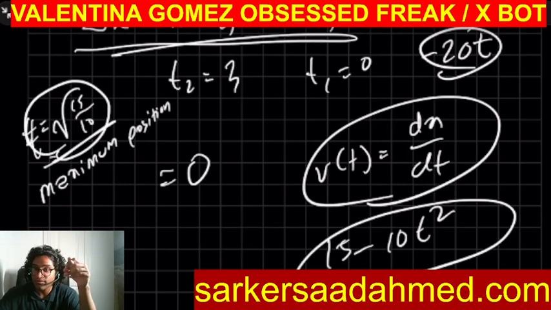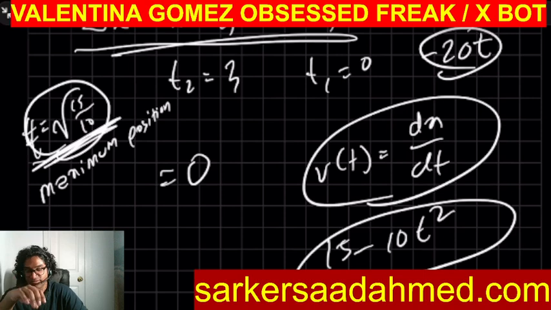I'm going to do the same thing for acceleration. I'm going to differentiate velocity, get the acceleration, and whatever time value I get, I'm going to plot that for maximum velocity. And then this will determine, if this is less, then your velocity will be more depending on the equation. Cool.